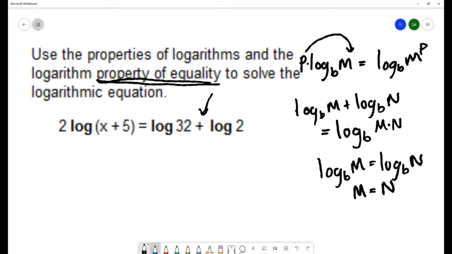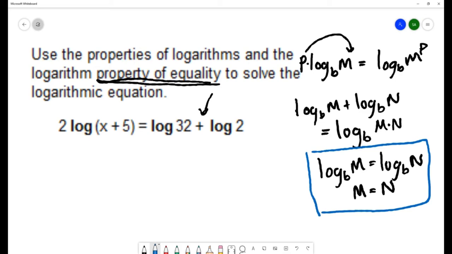Our goal is to write the equation like this so that we can simplify it. In order to write the equation with a single log on the left-hand side and a single log on the right-hand side, I've got to use the power rule to get rid of that 2. So I would write log of x plus 5 squared using that power rule.